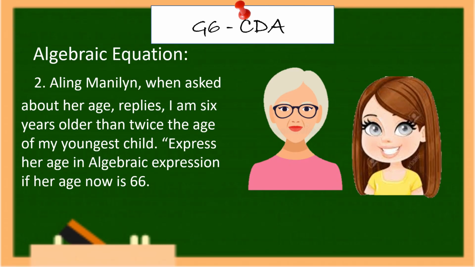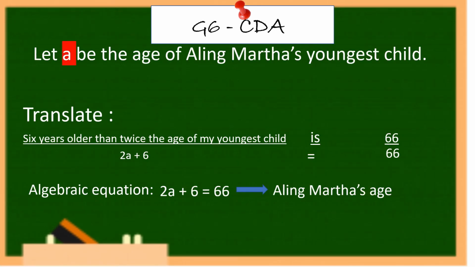Algebraic equation. Number 2 example. Aling Marta, when asked about her age, replies, I am 6 years older than twice the age of my youngest child. Express her age in an algebraic equation if her age now is 66.